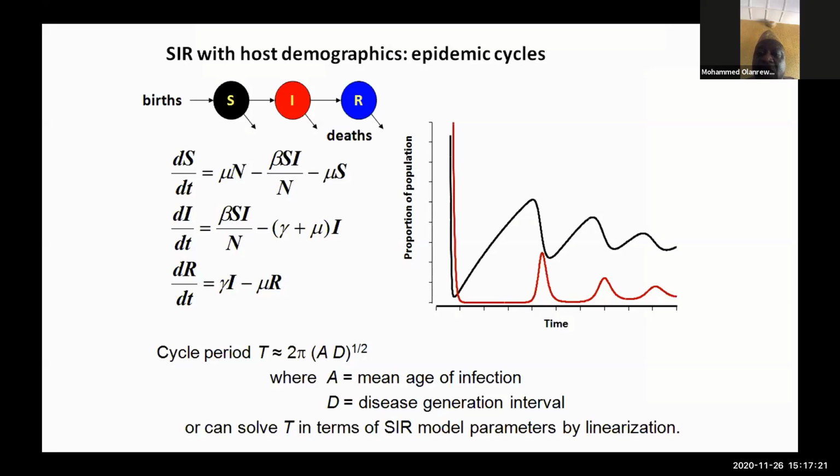So if we look at the graph there, we have the proportion of the population versus the time. Cycle period where T is equal to 2 pi (A G) everything raised to power half, where A means the mean age of the infection, G the disease generation interval, and we can solve T in terms of SIR model parameters by linearization.